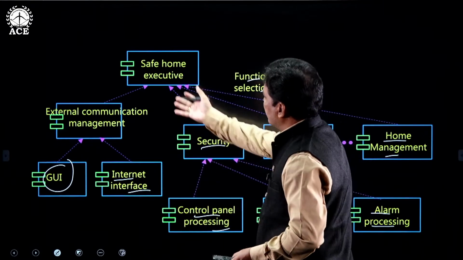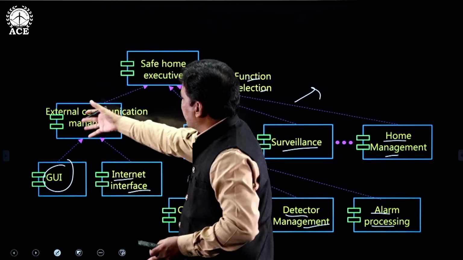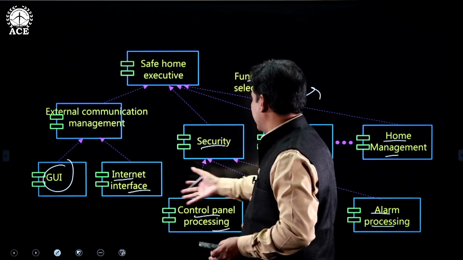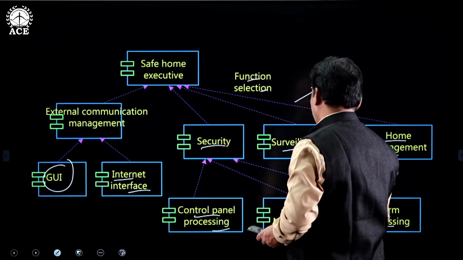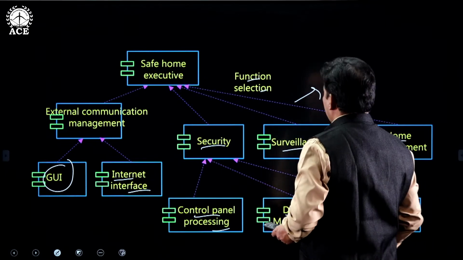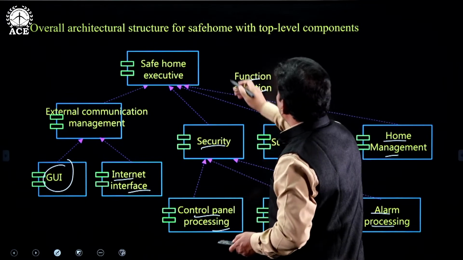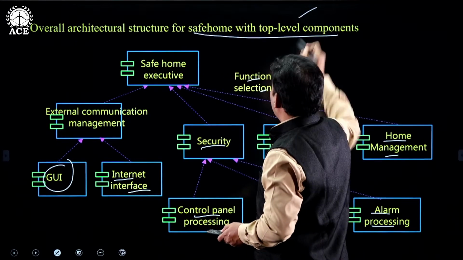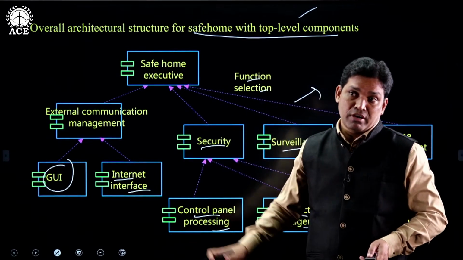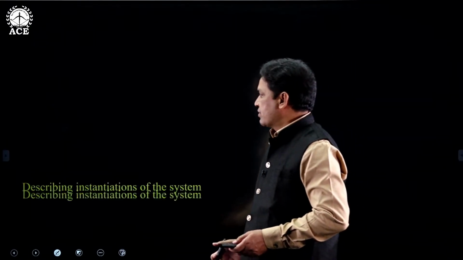The safe home security system is the main large class and these are all its subclasses. So the overall architectural structure for safe home, with top level components, is represented in the form of components and interfaces among components.